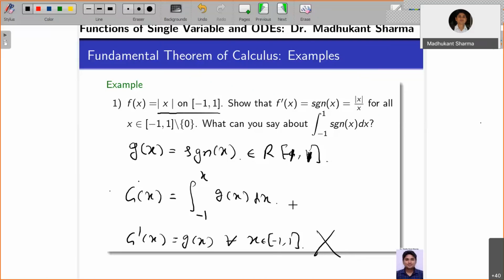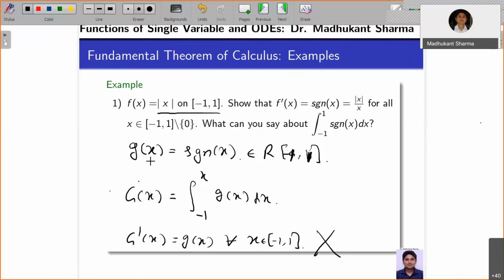If you remove the point of discontinuity, suppose instead of the interval -1 to 1 you consider the interval 1 to 2 or 2 to 3 and so on, or the right side of 0 or left side of 0, so that 0 is not in the interval, then it is differentiable at every point.